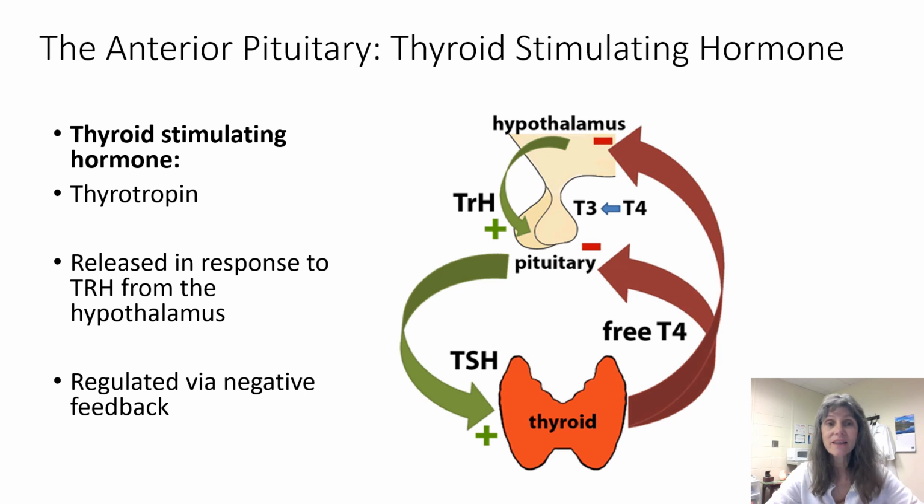So again, thyroid stimulating hormone is produced by the anterior pituitary in response to thyroid releasing hormone from the hypothalamus. The thyroid gland is going to produce its hormones. We'll take a look at those in a little bit. Right now we're just focusing on the adenohypophysis.